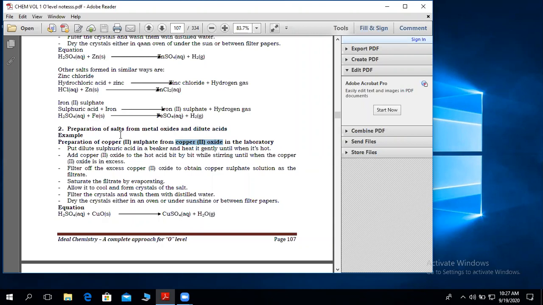You add more, it does not dissolve. And in that case, we said that it means the solution is now saturated. I think you remember that. Saturated solution, the solution that cannot dissolve anymore solute. So the solute here is copper 2 oxide, and the solvent is dilute sulfuric acid.